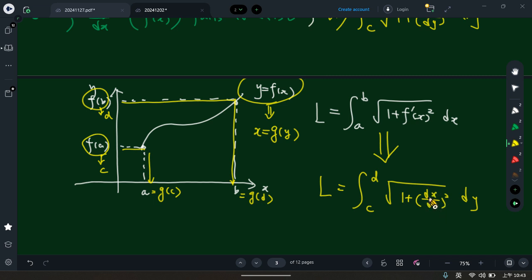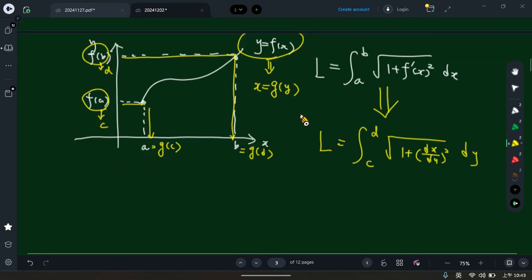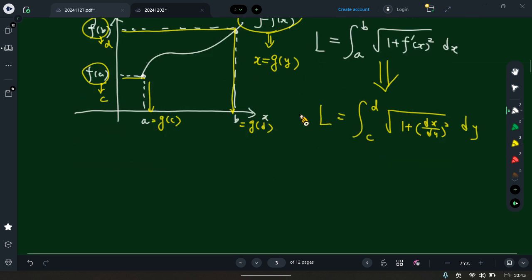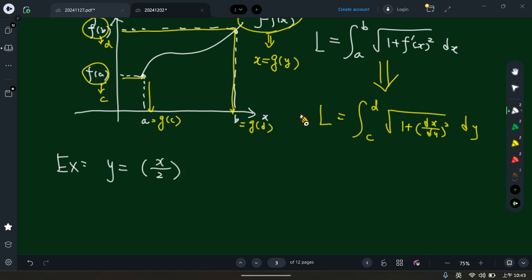Okay, so let me just give you an example that, for example, y is equal to x over 2 to the power of 2 over 3. If the start point for x is 0, the end point is 2.